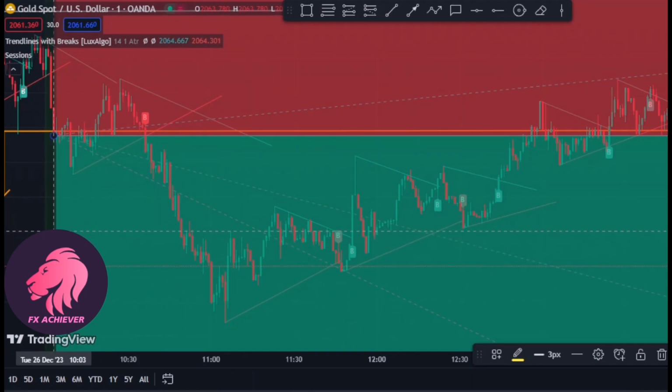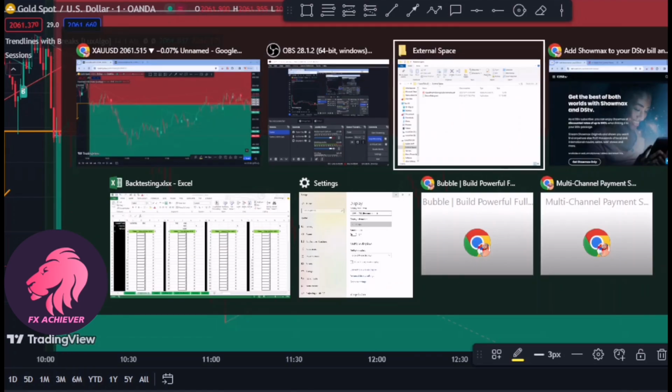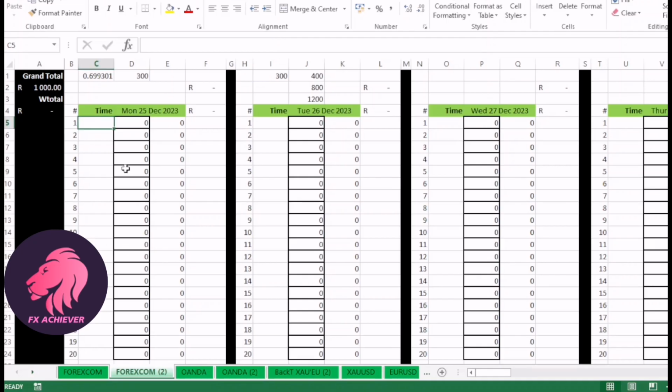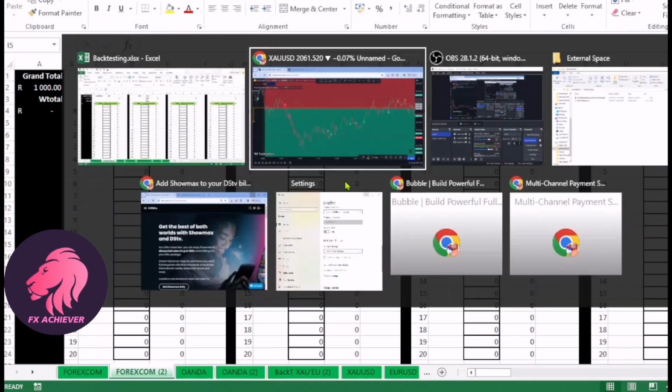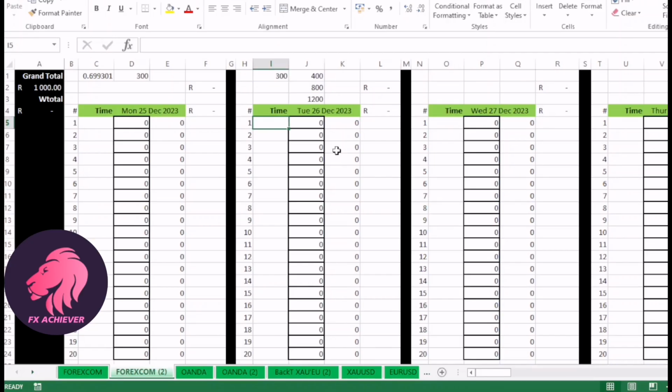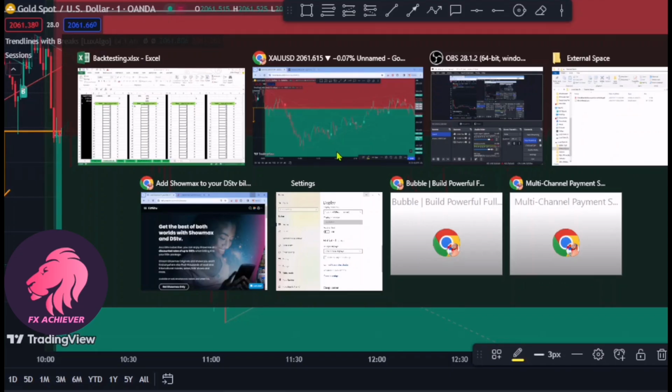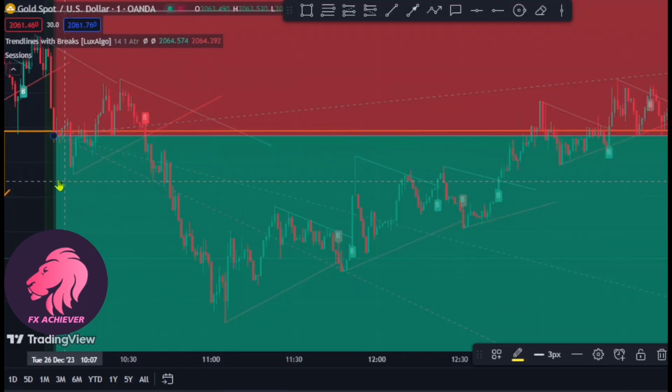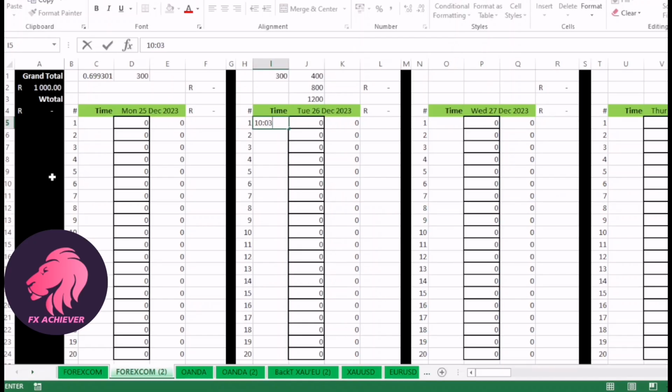Okay, as soon as I take a trade, you can see here I took a trade at 10:03. Then I go to my spreadsheet and place it, because it was on the 26th. This was the 26th of December, and the time on which I took the trade was 10:03. I had TP1, TP2, and TP3.